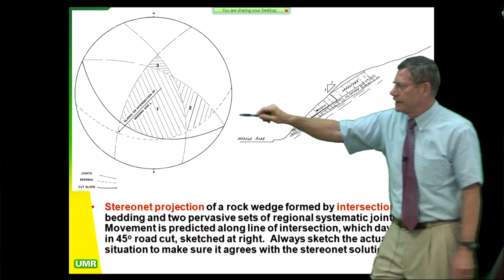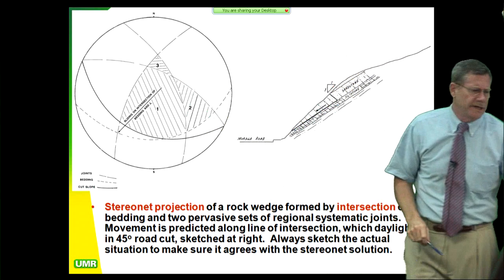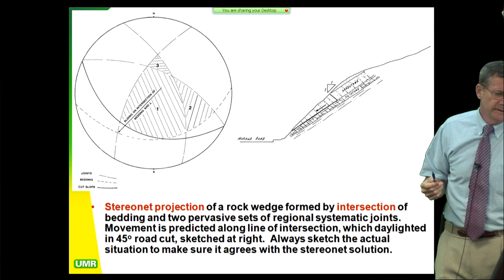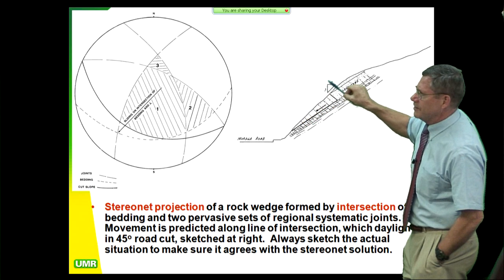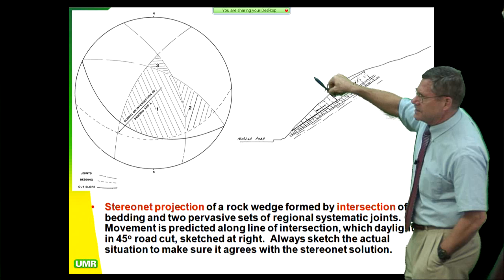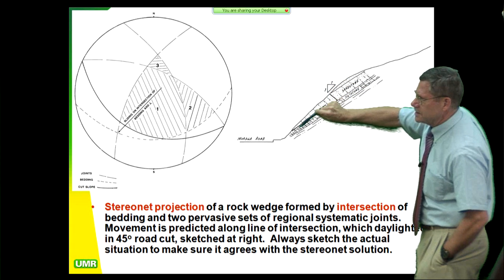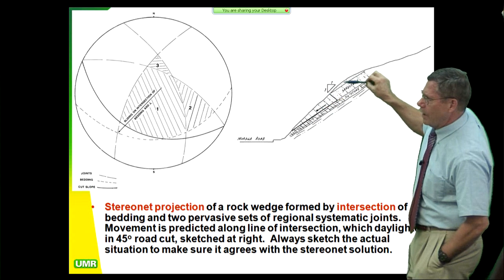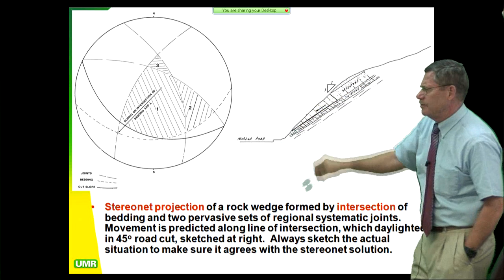And again, if you look at the solution here for the various blocks, 1, 2, and 3, you can see we have sliding on the intersection of the bedding and the J1 plane, because these joints are zero tension boundaries. So it's going to break right there. That's already got the crack there. It's just a matter of overcoming the friction right along the base of the block here. So if this can get water into it somehow, and that water gets backed up along here, out the block is going to come.